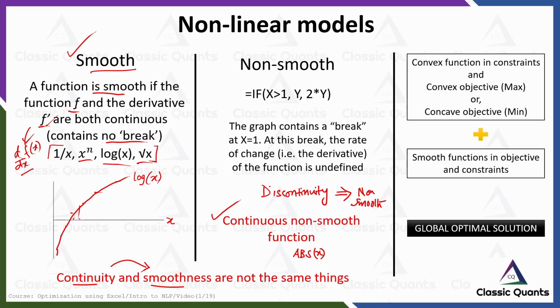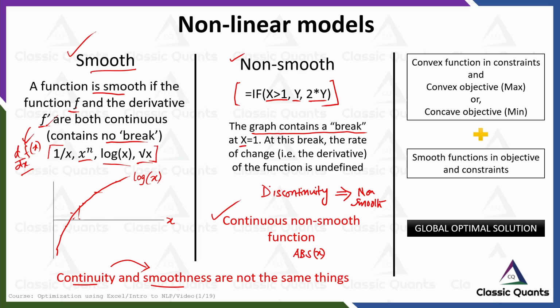So let us try to understand the non-smooth behavior. You can take the example of this function. This is an if function. It says that if x is greater than 1, then the function gives you y. Otherwise, if x is less than or equal to 1, then the function will give the output 2 into y. Now the graph of this function will have a break.